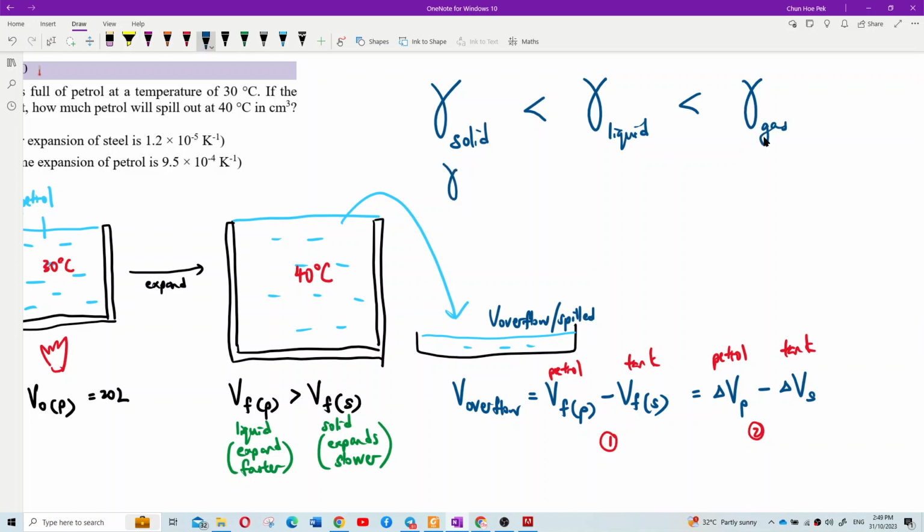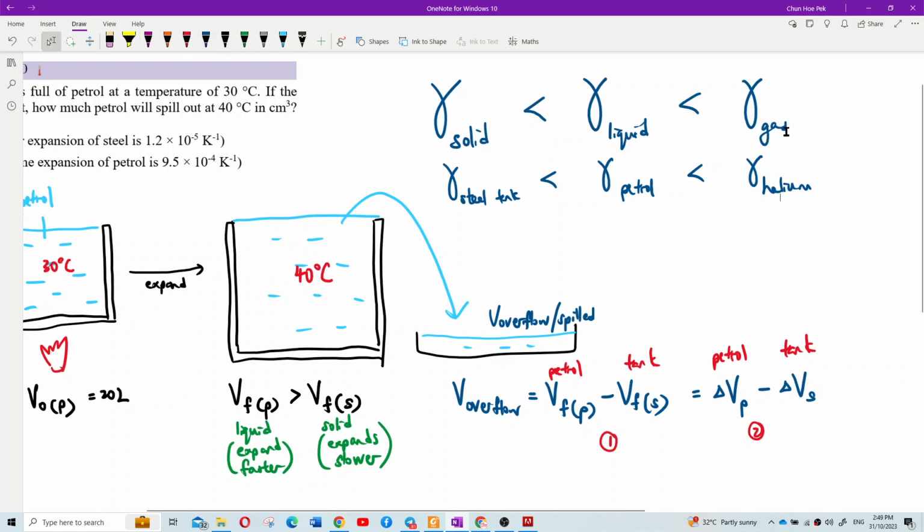For example, gamma for the steel tank is less than the gamma for petrol, which is liquid, and petrol is less than the gamma for, let's say, helium. Gas expands much faster than liquid. Liquid expands much faster than solid. What is gamma? Gamma is the rate of expansion. Gamma depends on the type of material.